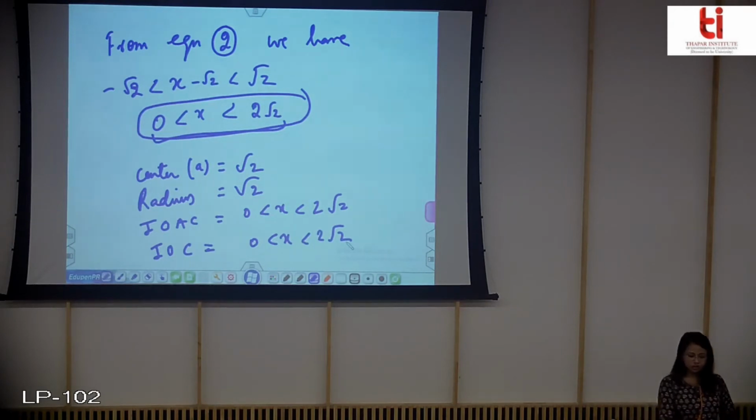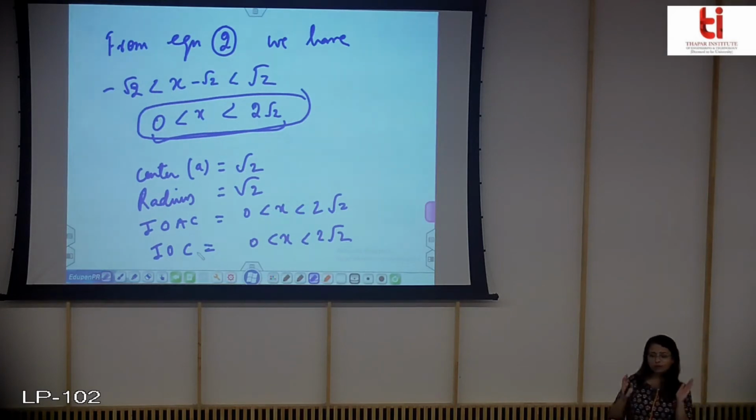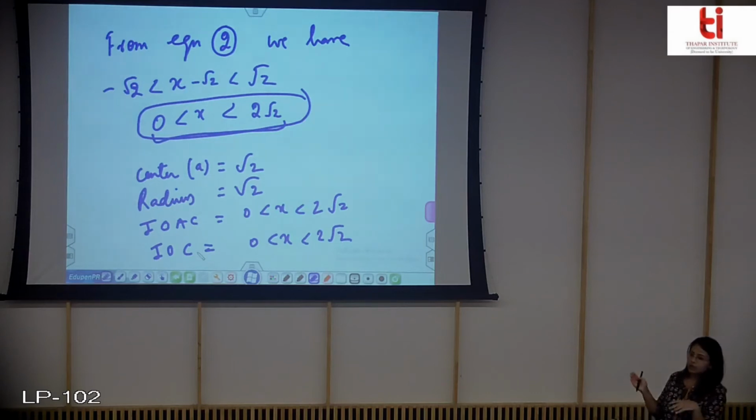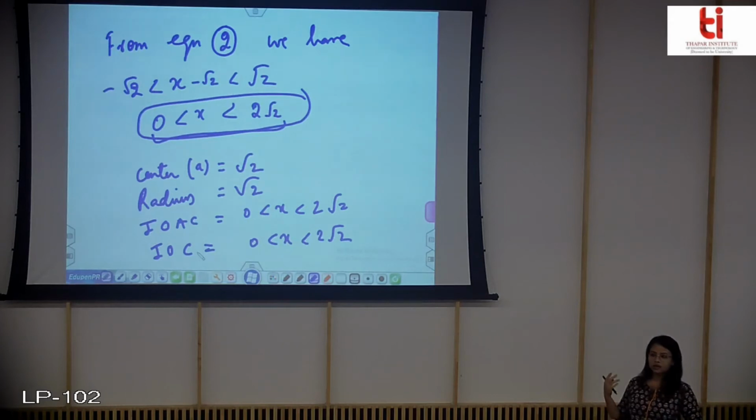So this is the interval of convergence also. So you know that from 0 to 2 root 2 your series will converge absolutely. You know when x is greater than 2 root 2 or less than 0, the series diverges by the nth term test.